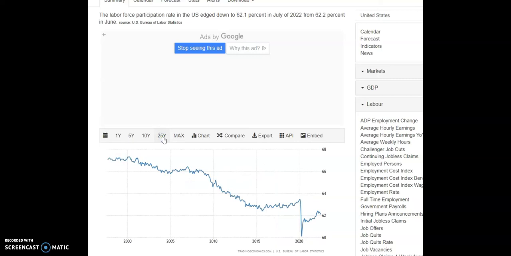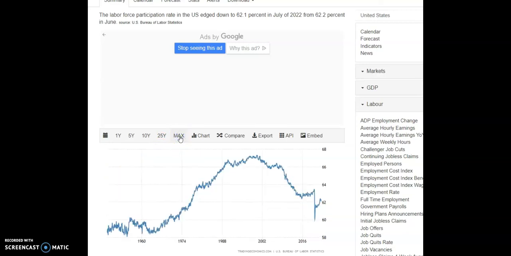Now we're really starting to see a trend. In the past 25 years, it's pretty clear that labor force participation has dropped. And then if we go back as far as possible, which for this data set looks like the post-World War II period, after World War II and well into the 60s and 70s, all the way up to the millennium, you see increasing labor force participation.